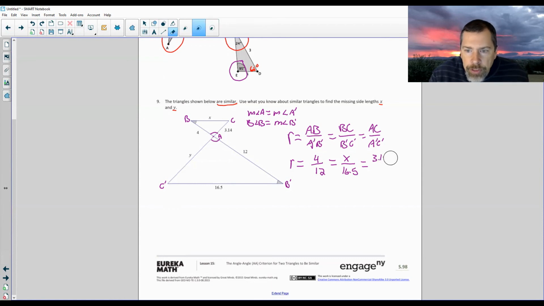Doesn't look like a 4. 3.14 divided by A prime C prime, Y.